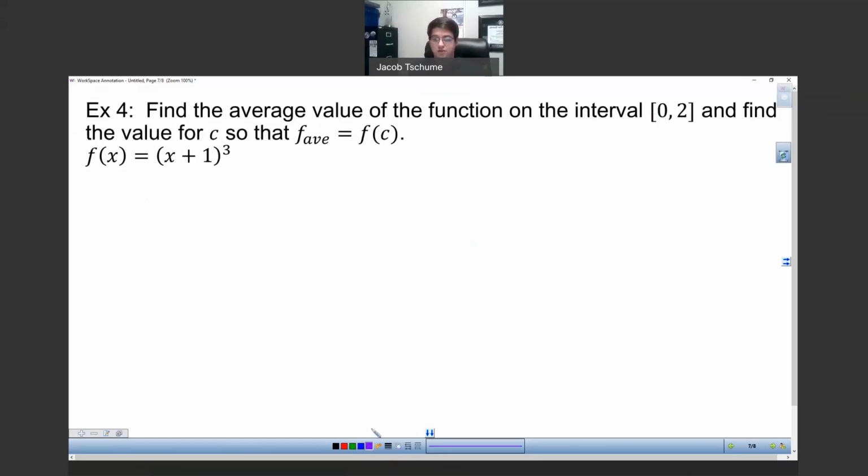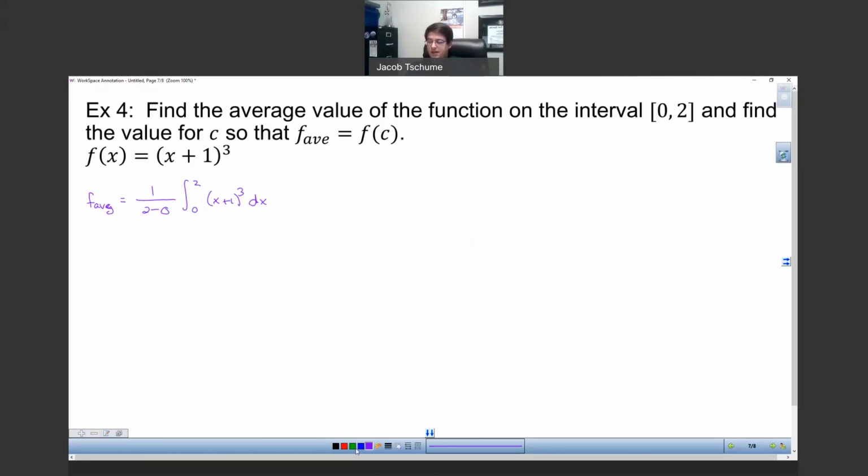So first thing you have to do is find your average value function. That's going to be the exact same thing we just did. So the average value of f would equal 1 over b minus a, so 1 over 2 minus 0, times the integral from 0 to 2 of x plus 1 all cubed dx.